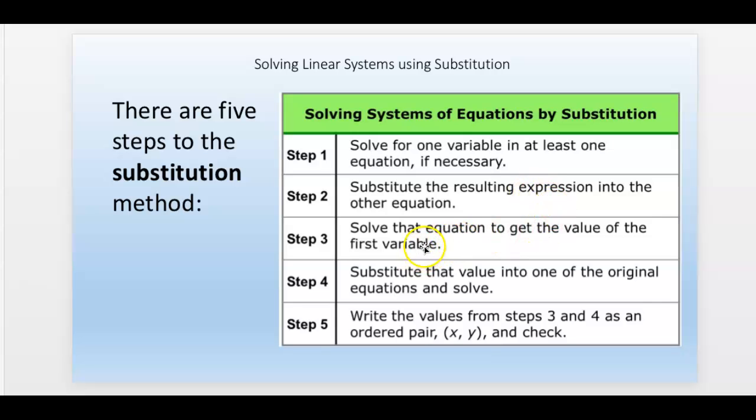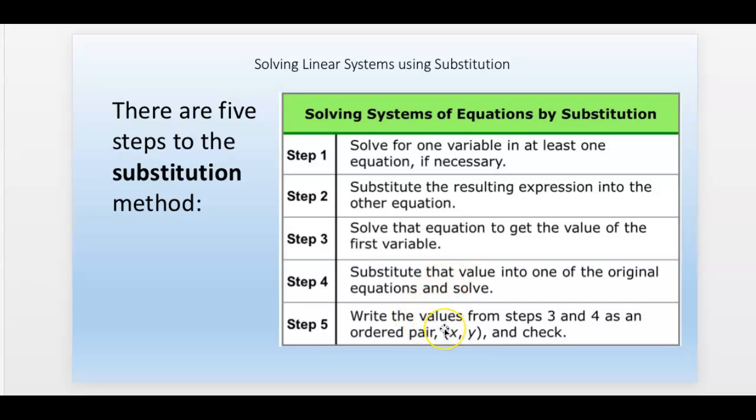Step 3, then solve for that variable in that equation. Now once you have the number, once you've solved for one of the variables, take that number and plug it into the other equation. Substitute it back into the original equation to find out what the other variable is.